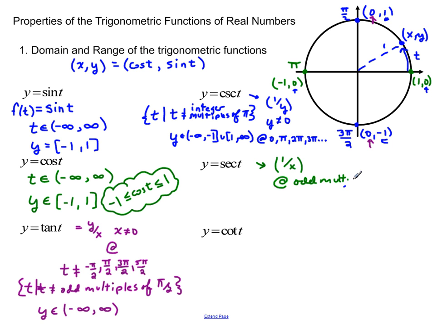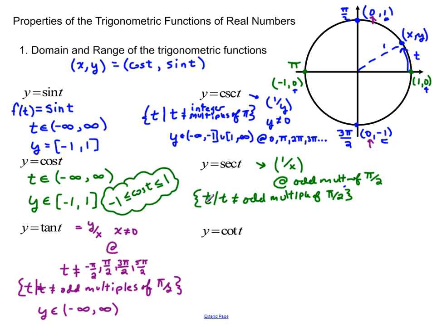So we would eliminate those from our domain, and we'd say, well, all right, t is in the set of all real numbers such that t does not equal some odd multiple of pi, sorry, some odd multiple of pi over 2.